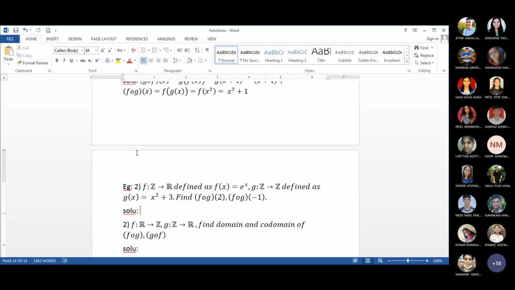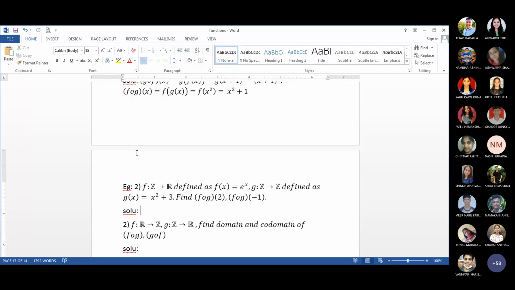ये दो चीज फाइंड करना है, बिकॉज यहाँ पे तुम्हारा G composed with F एग्जिस्ट नहीं होगा. क्यों? क्योंकि फॉर एग्जिस्टेंस ऑफ G composed with F का कंडीशन क्या है?